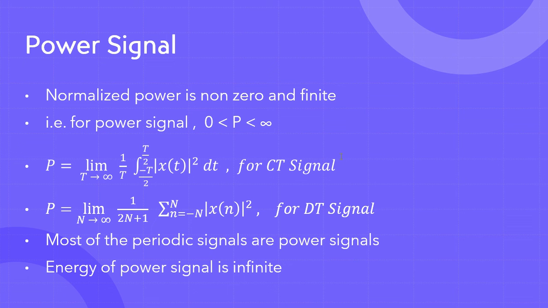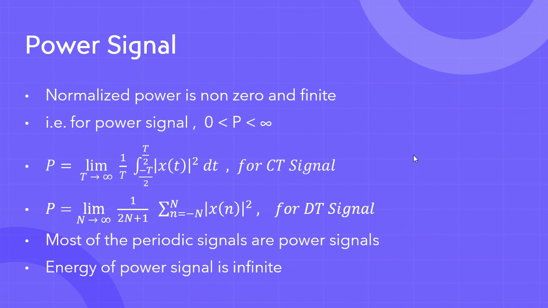Now you might have a question: what is the power of a signal? In general, power can be derived using many different equations. The power of a given signal is given by this equation.